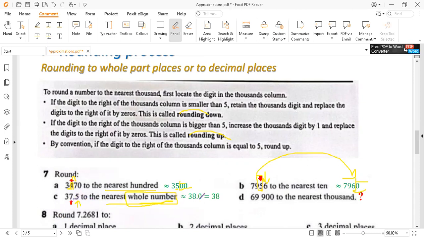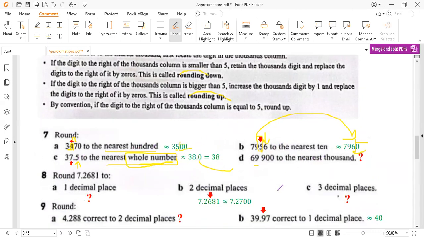So we obtain 38. To the nearest 1,000, the 1,000 is here. You can practice it and train yourself how to round up. All these cases are for rounding up and not for rounding down, as we remark.